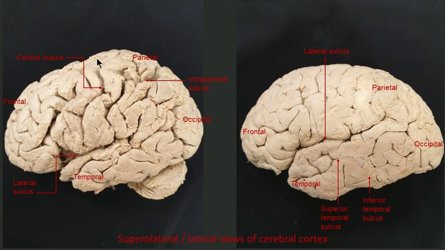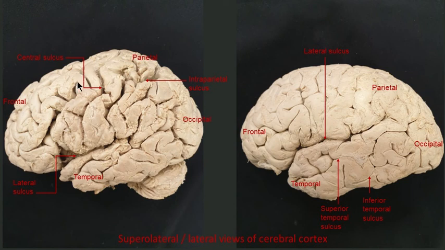Right parallel to the central sulcus and anterior to it is another sulcus, which is called the precentral sulcus. It has almost the same length as the central sulcus, and extends all the way on the surface of the cortex, on the superolateral surface. And remember, as I think I mentioned in one of my previous podcasts as well, don't expect the sulci to be one continuous entity.